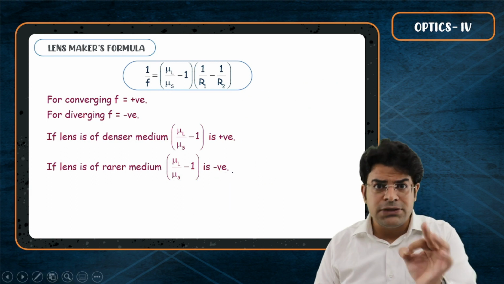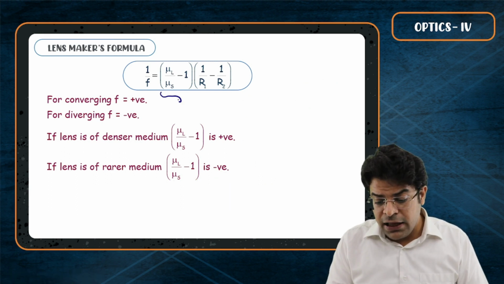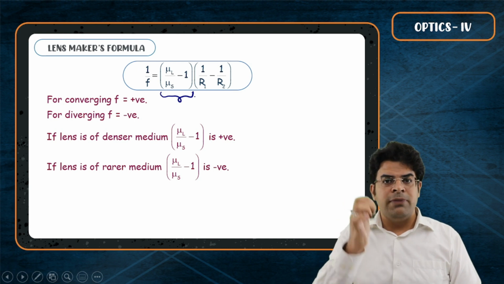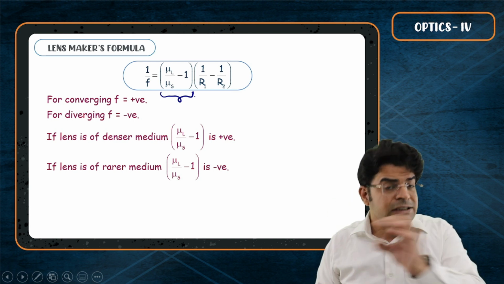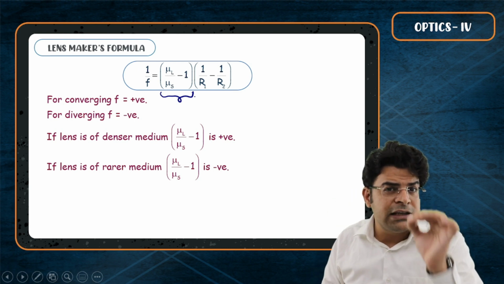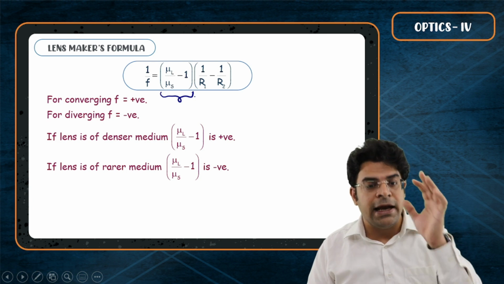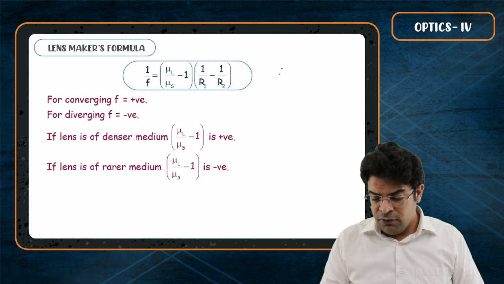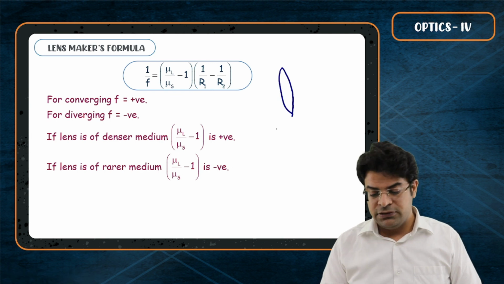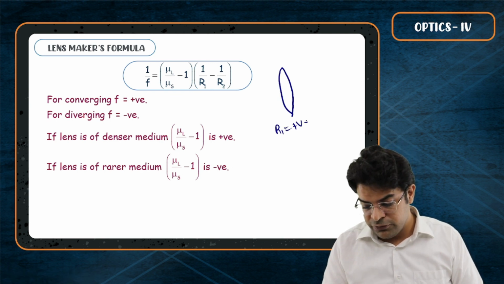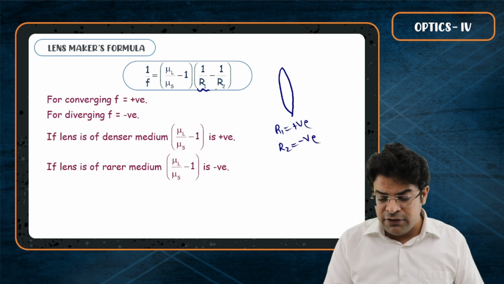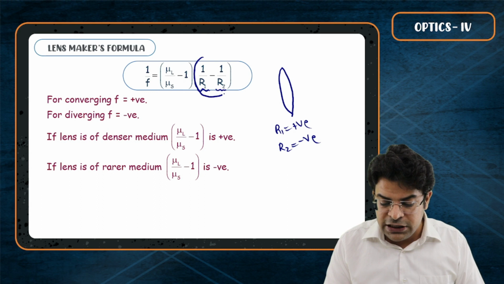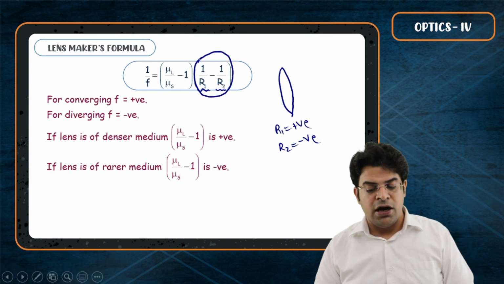So if the lens material has got higher refractive index, then mu L by mu S minus 1 will be positive. If the lens material has got lower refractive index, then mu L by mu S minus 1 will be negative. Now beta, remember that I said for a biconvex lens, R1 is positive, R2 is negative. If R1 is positive and R2 is negative, what can you say about 1 by R1 minus 1 by R2?